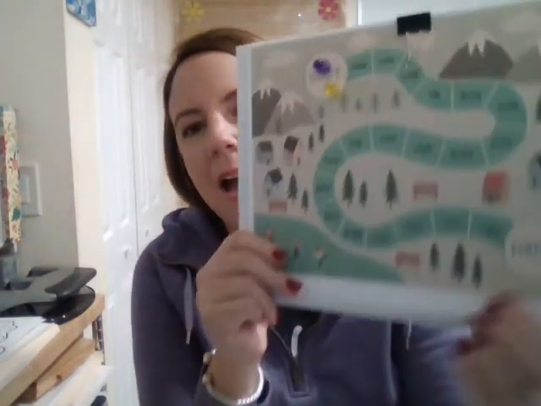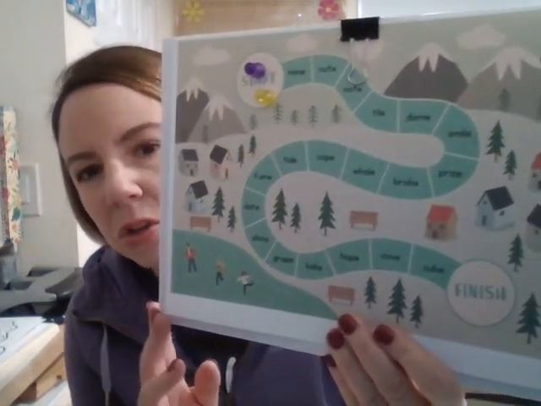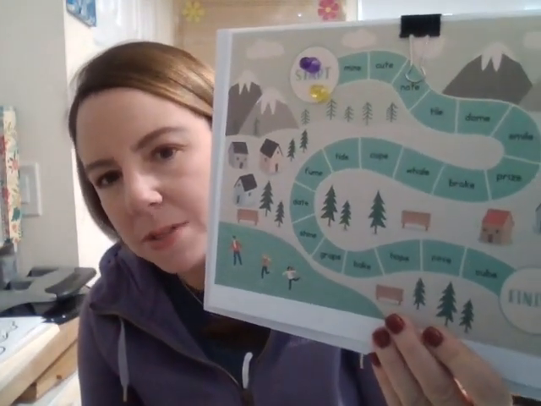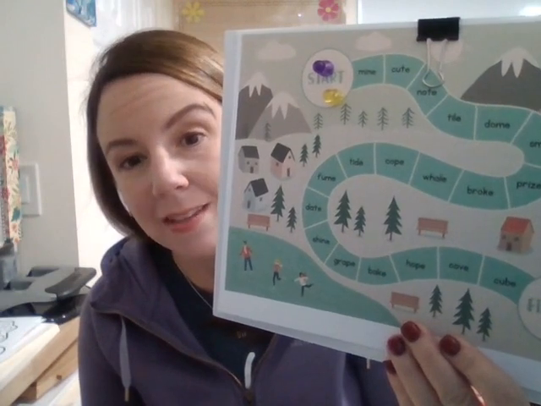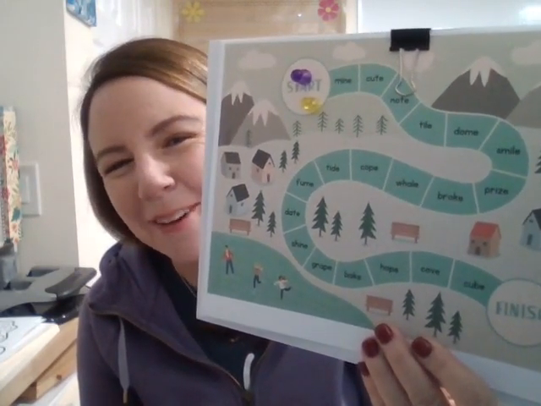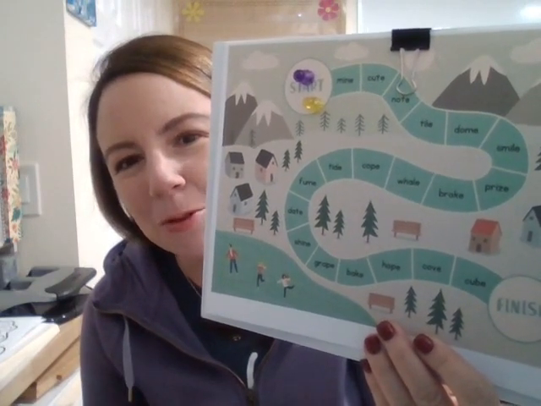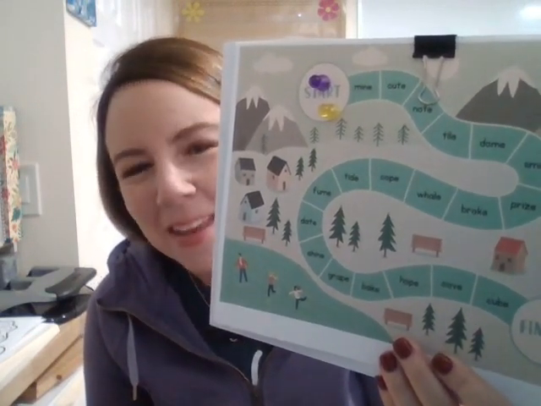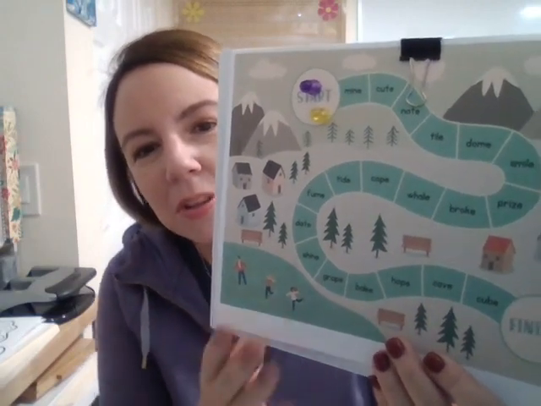So I have a game here that I have made using the app on my website called Word List Builder. This game has a winter theme because right now the video message that I'm creating is happening in the winter time. So this has a nice winter theme.